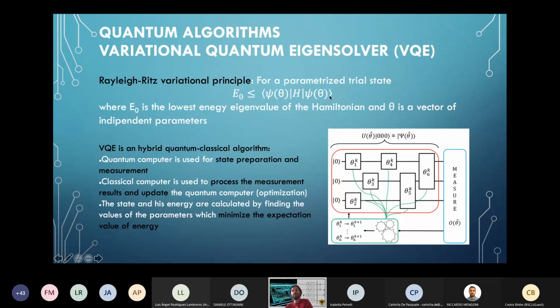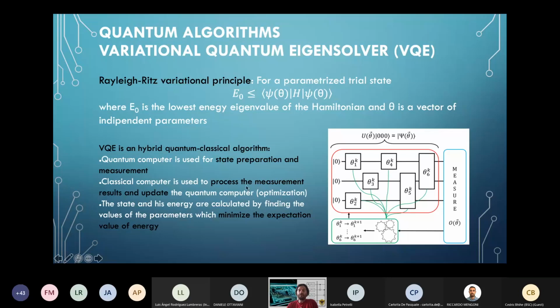This expectation value can be evaluated because your Hamiltonian is a sum of Pauli strings, so it's actually simply a measure of Pauli strings, maybe many Pauli strings, but you can measure them. You can measure through several measurements in order to have an estimation of the average of your Hamiltonian on your circuit.